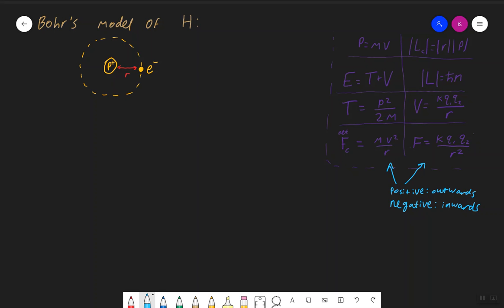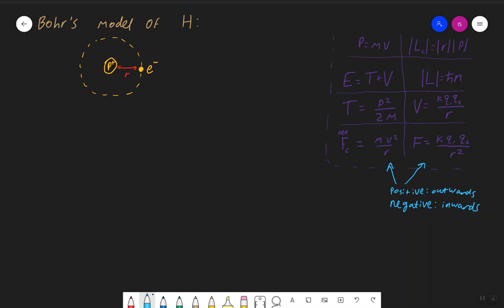One of the ways Bohr figured out how to get that is he said, well, assume the angular momentum is discrete. If he did this, he would get discrete energy levels, and it turned out these were actually correct discrete energy levels.